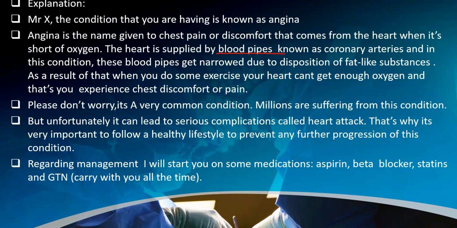Now, in terms of management of angina, first thing that I would like to do is to order some investigations to find out your cholesterol level. We'll do your blood sugar to find out if you are having any diabetes or not. And also I would like to do your liver function test, kidney function test, your thyroid function test, and also a normal baseline blood test as well.